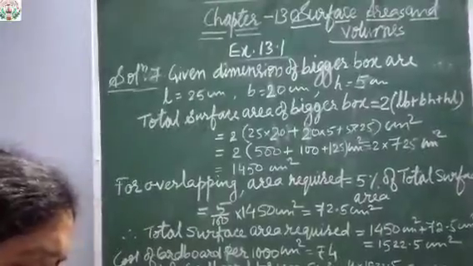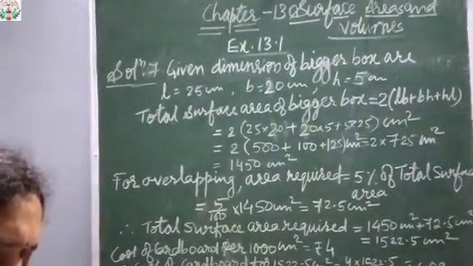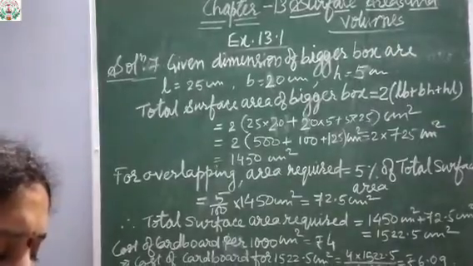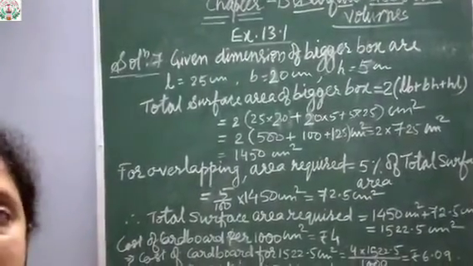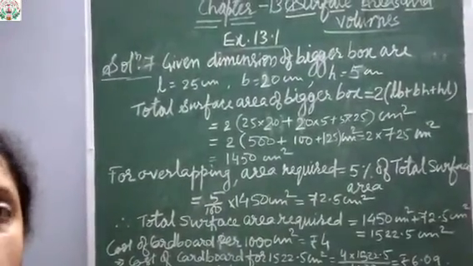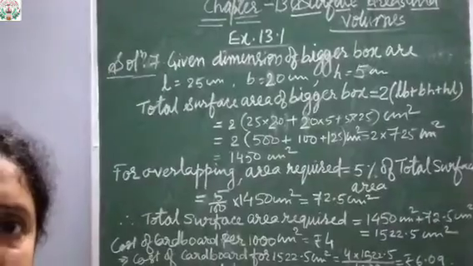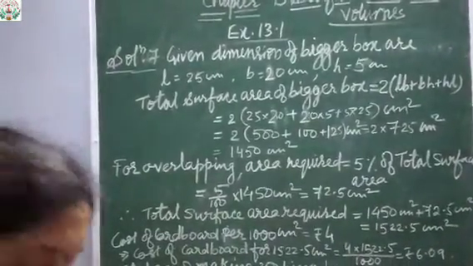Question 7. Santi's sweet stall was placing an order for making cardboard boxes for packing their sweets. Packing of sweets, you might have seen, is a rectangular box, that means a cuboidal box. From rectangular faces only, a cuboid is made.